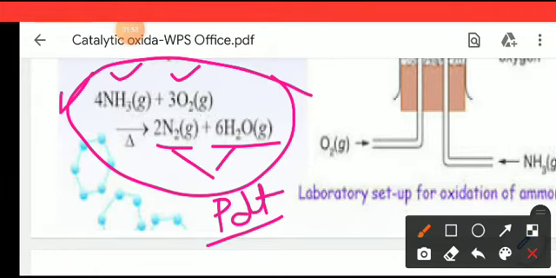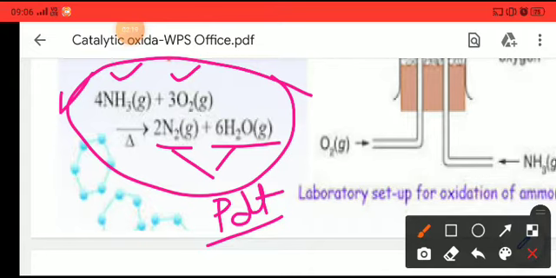So this is the reaction where all the reactants and products are gaseous in nature. If anyone asks you to give an example of a reaction where all the reactants and products are gaseous, you can surely give this reaction as an example.